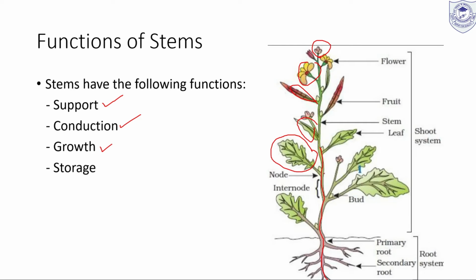So these buds that develop at the axil of the leaf, we call them axillary buds, and they will grow into branches, okay, like this one. So from the stem, growth can also occur. Okay, and the stem also stores food and water. Okay, so these are some of the functions of the stem.